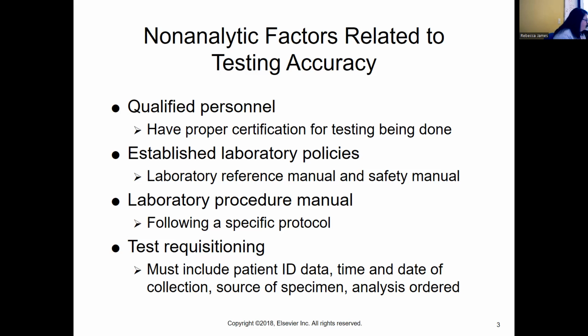So patient identification, name and date of birth, and the time and date that the specimen was collected. You're like, well, y'all are doing the collecting, but not always. Sometimes nursing homes will collect it at the nursing home and then bring it to the lab and drop it off for us to do.